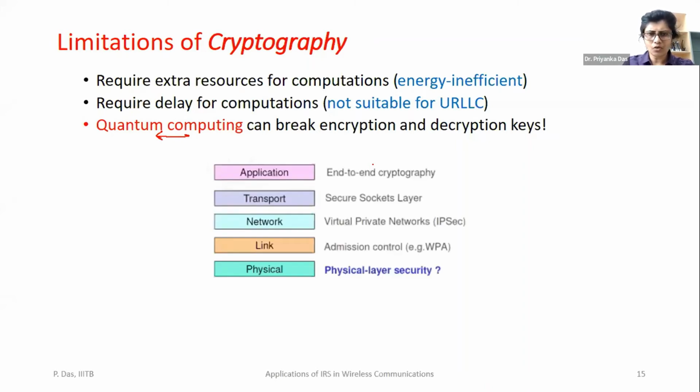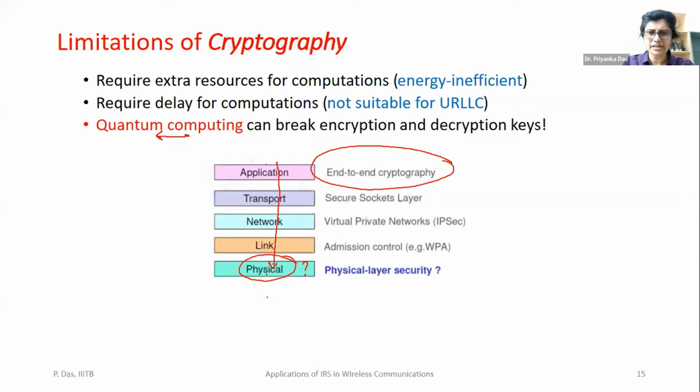One option is not to rely only on end-to-end cryptography. Rely on something more. That's why, in the top-down approach, we come through application, transport, network, link, physical. We are physical layer engineers here. Can we think of out-of-the-box solutions coming from physical layer security?